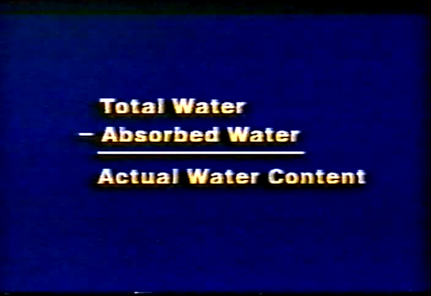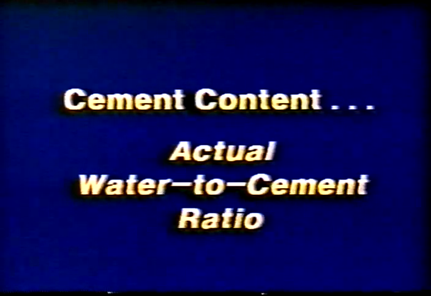Well, since the amount of this absorbed water is provided by the concrete producer along with the mix design, it's easy to determine the actual water content by subtracting the absorbed water from the total water. In addition, with the cement content known, the actual water-to-cement ratio of the concrete can be calculated.